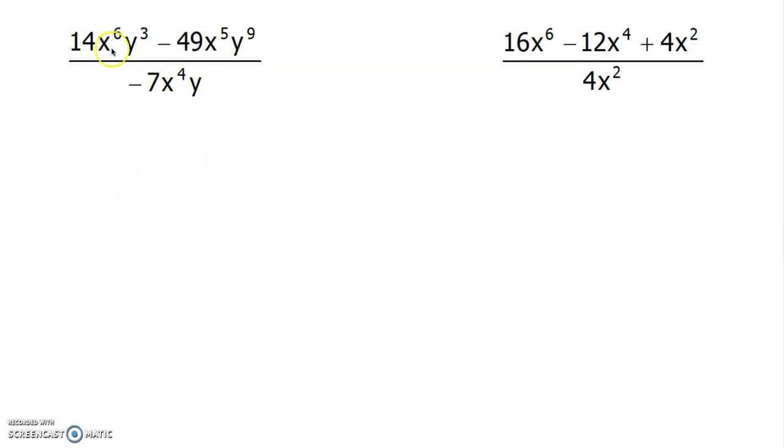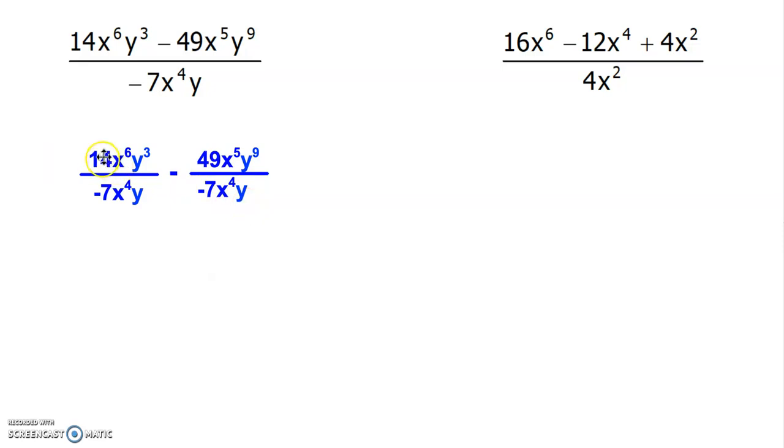Once again, though, I take each term from the top and divide it by the denominator. So I have 14x to the sixth y cubed over negative 7x to the fourth y. And then I have minus 49x to the fifth y to the ninth divided by negative 7x to the fourth y.